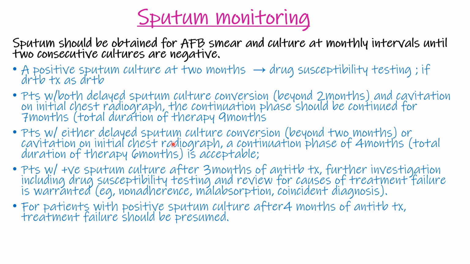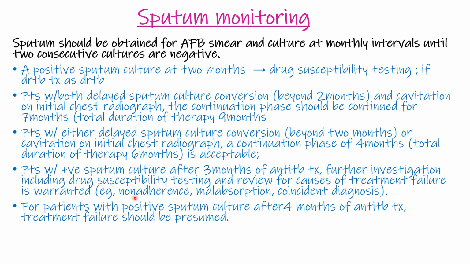Patients with either delayed sputum culture conversion, which I've said is beyond 2 months, or cavitation on the initial chest radiograph, a continuation of 4 months, that is a total of 6 months, is acceptable, which is the normal. Then patients with positive sputum culture at 3 months, which is too long, further investigation, including drug susceptibility testing, and review for causes of treatment failure is warranted.